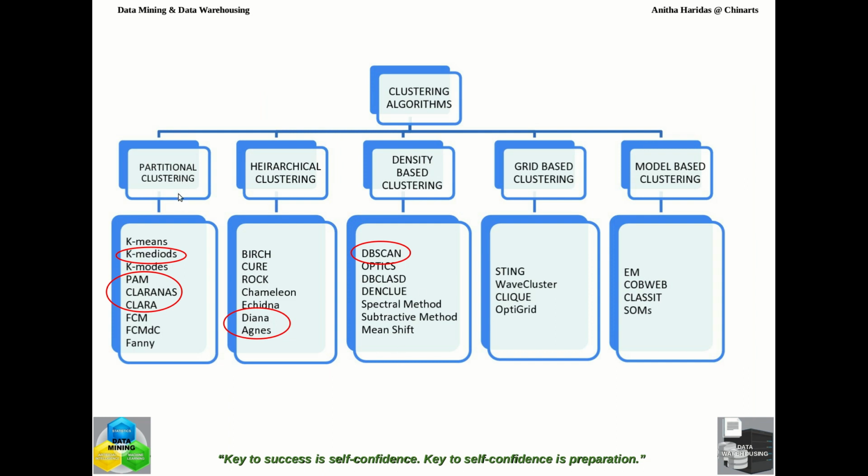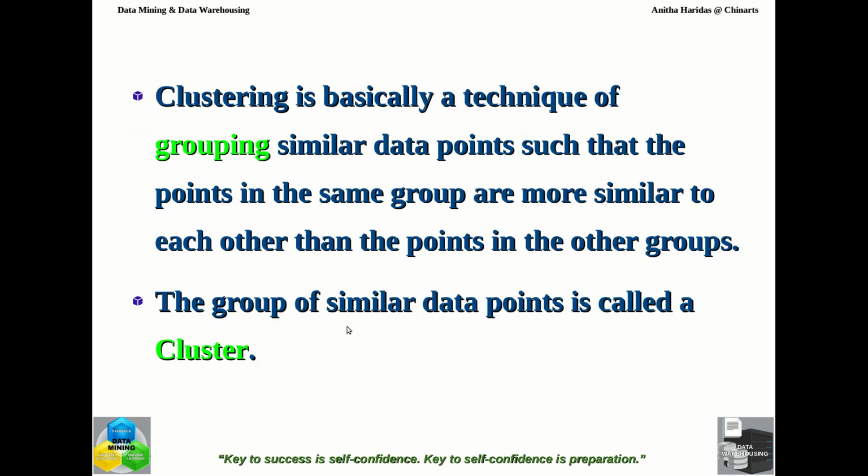Based on the partitional algorithm, we will be talking about K-Medoids, CLARANS and CLARA. Then based on the hierarchical clustering, we will be talking about DIANA and AGNES. The base idea we will be discussing here. Then for the density based clustering, we will be talking about DBSCAN. So these are the algorithms that are included in our syllabus.